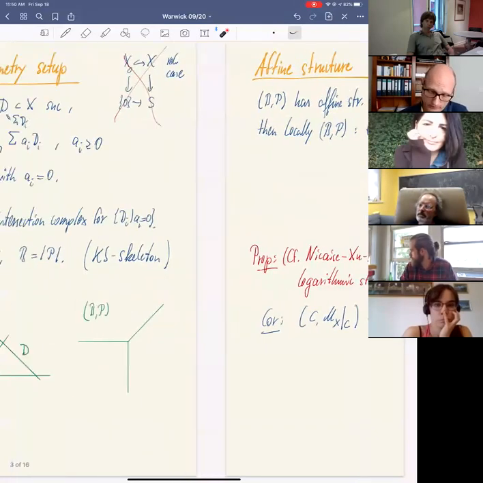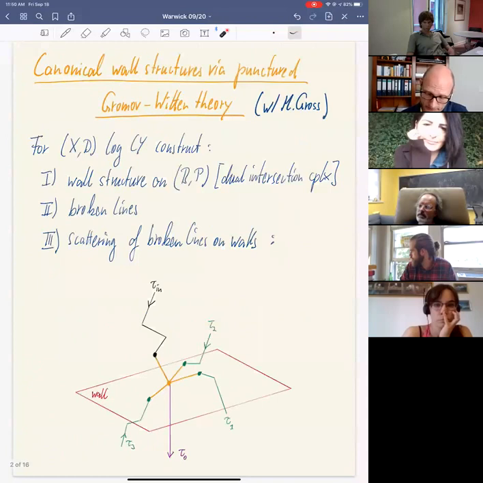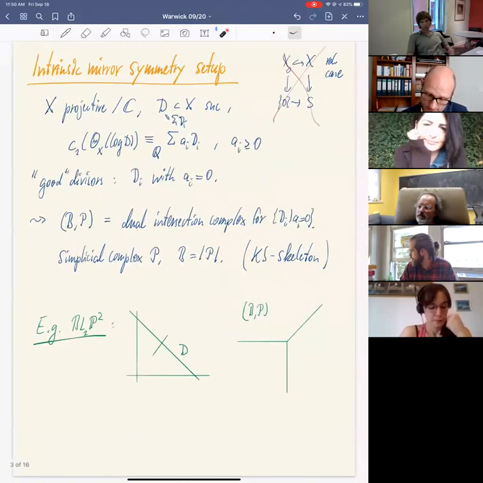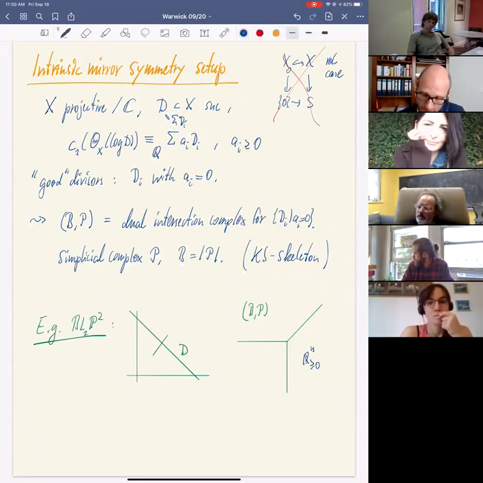Well, this is easy. We have a normal crossing thing, so obviously these things are just copies of R_{≥0}^2 in this case, maybe n in general. These are the deepest points. They correspond to the deepest points. And then we want to say what it means to go across a codimension 1 stratum.